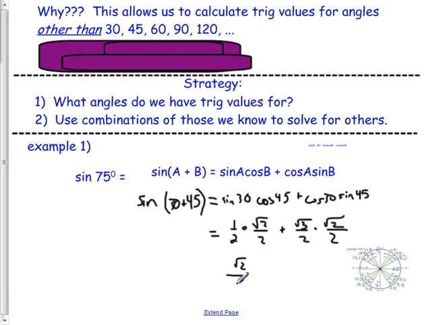So you get root 2 over 4 plus root 6 over 4, and then you just write that as root 2 plus root 6, all over 4. And that would be your answer.